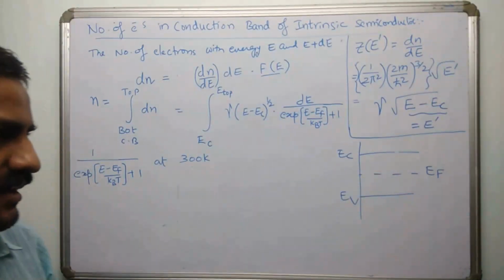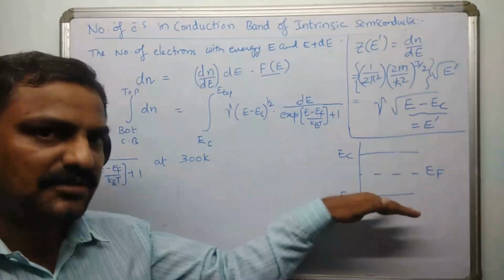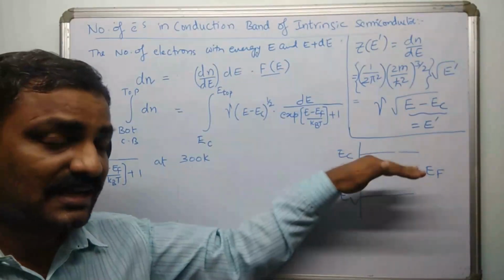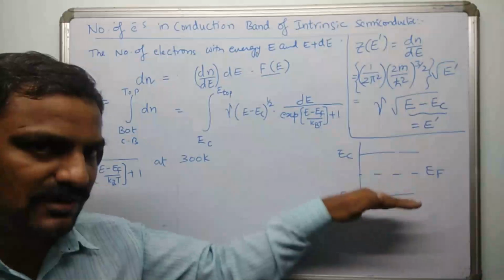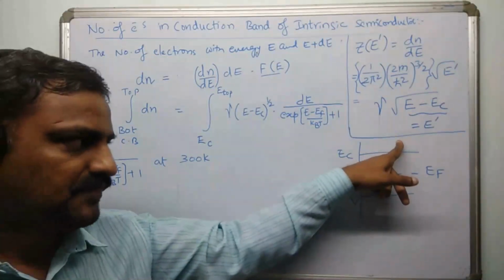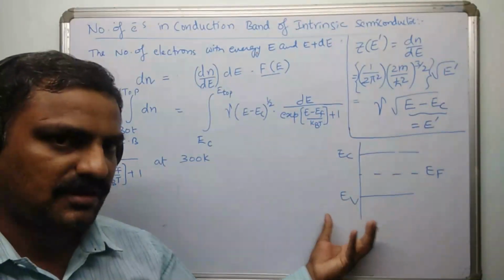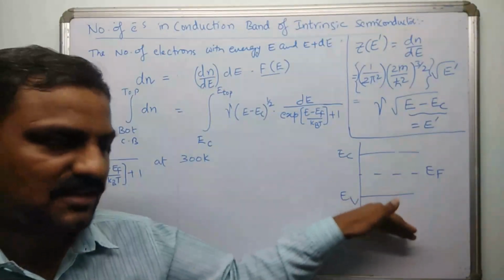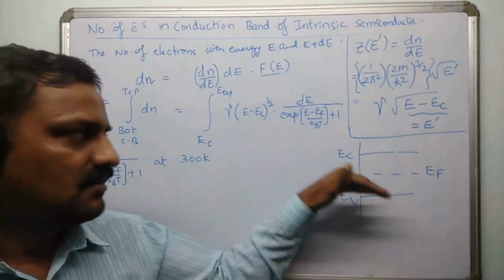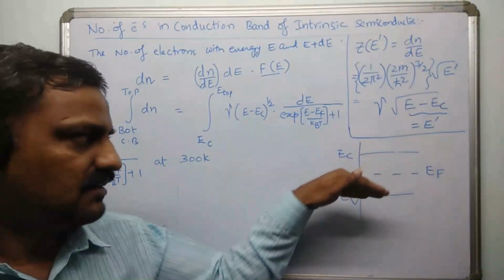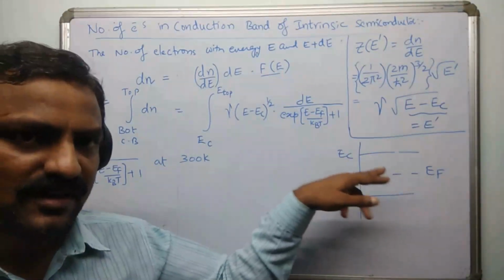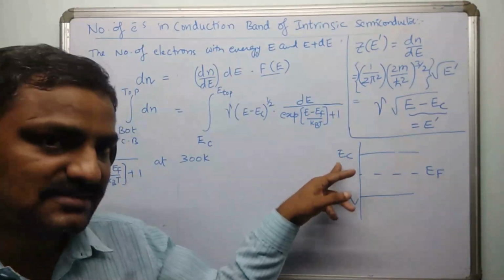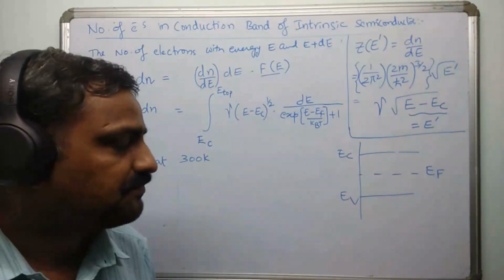So electrons can be filled only up to the valence band edge, and beyond that no electrons will be filled in the conduction band. In the intrinsic semiconductor case, you cannot expect any electron to exist over there, right? So if you freeze the sample to absolute zero, definitely the topmost filled electron cannot escape EV. So definitely it is less than EC, right? So the Fermi energy level will lie definitely in between EC and EV. It may be EV, I don't know, but definitely it is less than EC. That's what we can conclude.